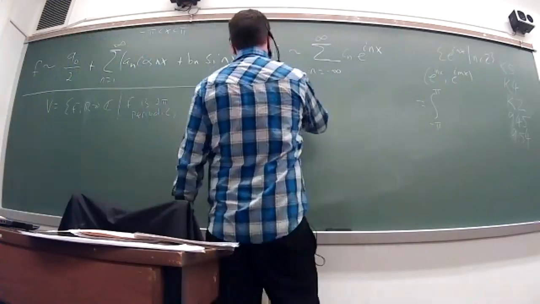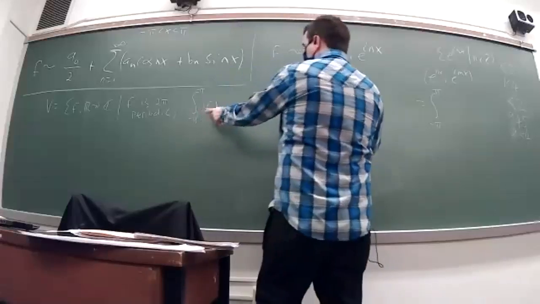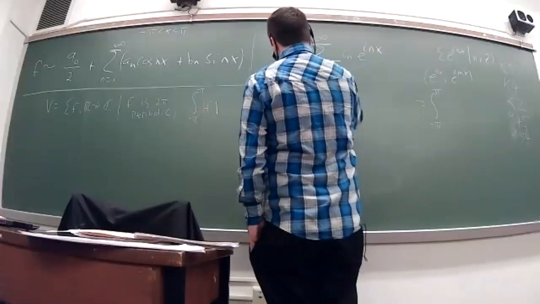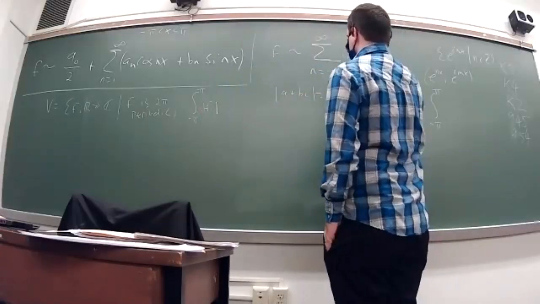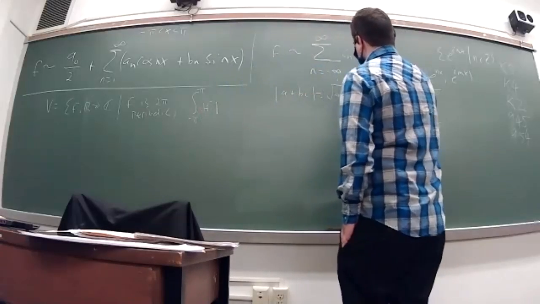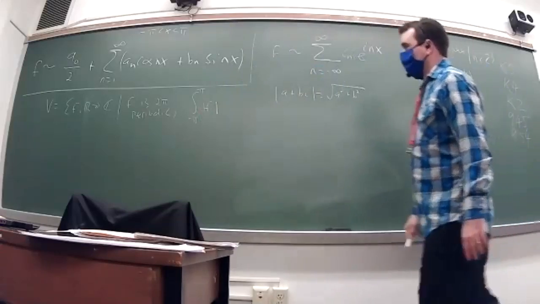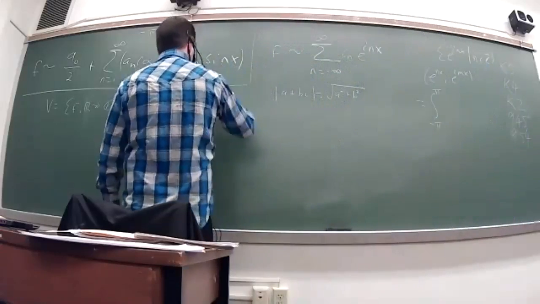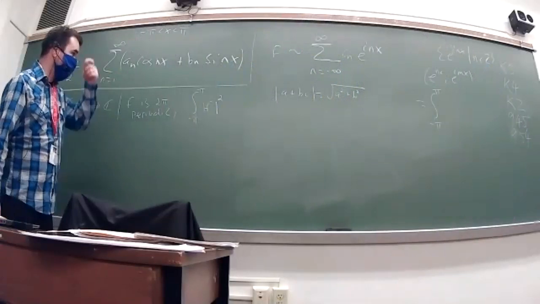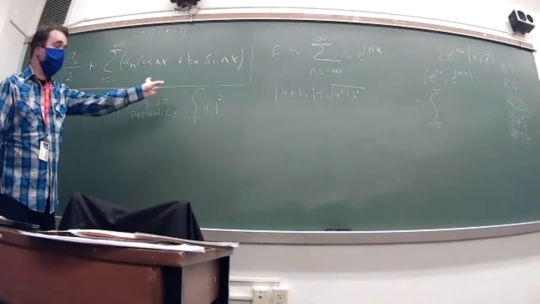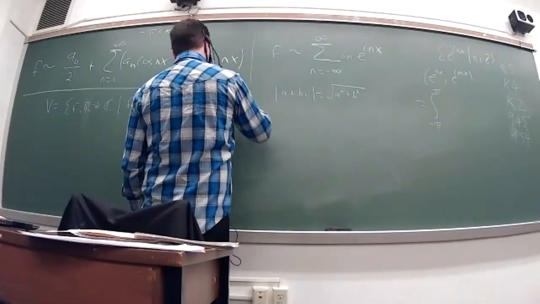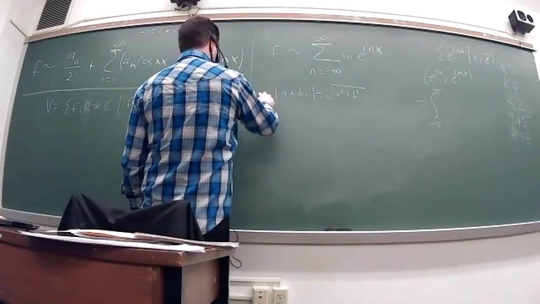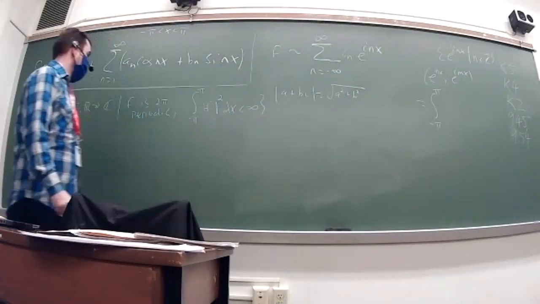So remember, f of x is a complex number, it's a plus bi. Its modulus is the length of this, so a squared plus b squared, take the square root, and then square that. So instead of f squared, you take modulus of f squared, and ask that to be finite.